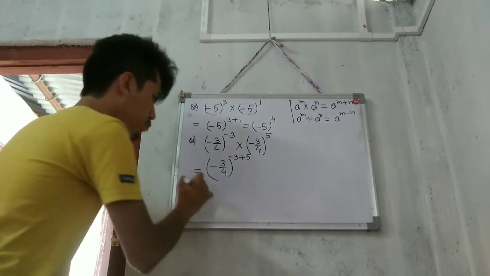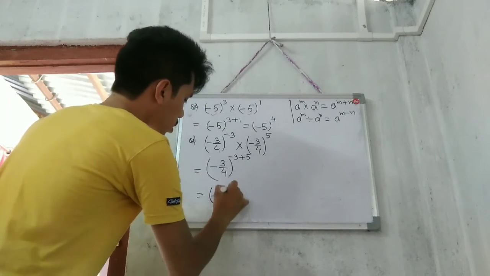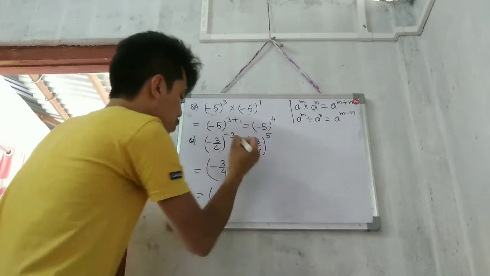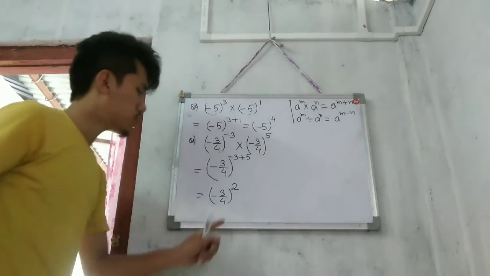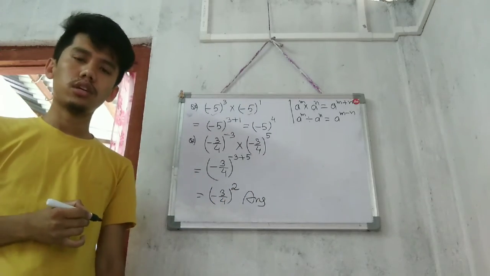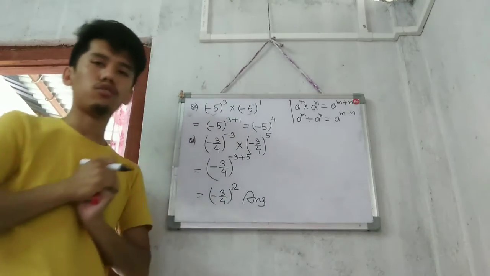So minus 3 by 4 stays the same, and minus 3 plus 5 simplifies to 2 only. So this is the answer. If we want to simplify further, then we have to find their values.